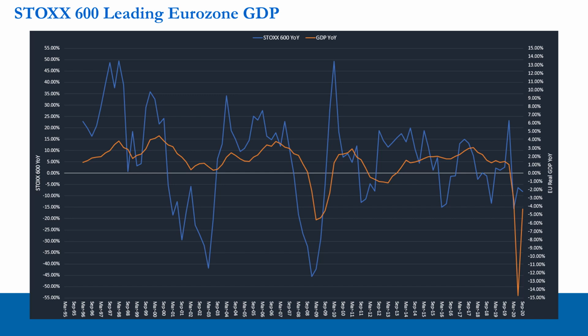And then also in the 2011 period, where we see the Stoxx 600 year-on-year percentage again leading negative GDP growth. And we can also see our other scenario, which is a period or quarter when the Stoxx 600 is reported down and Eurozone GDP is reported up.